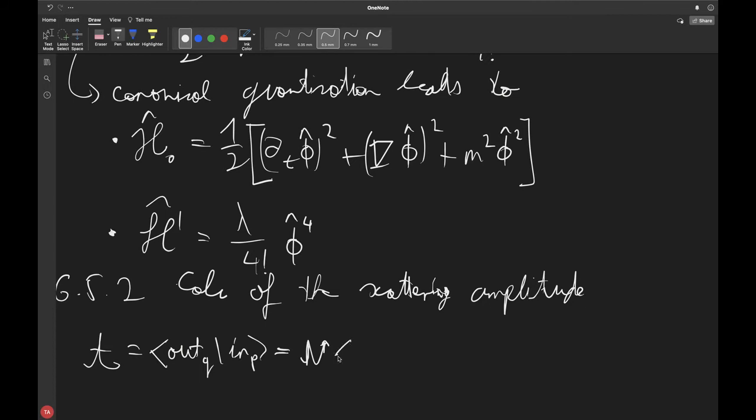The point is that we sandwich the creation of the particle with q momentum, which is an operator, then the collision itself, the S operator, and we also create the particle with momentum p from the vacuum on the right.